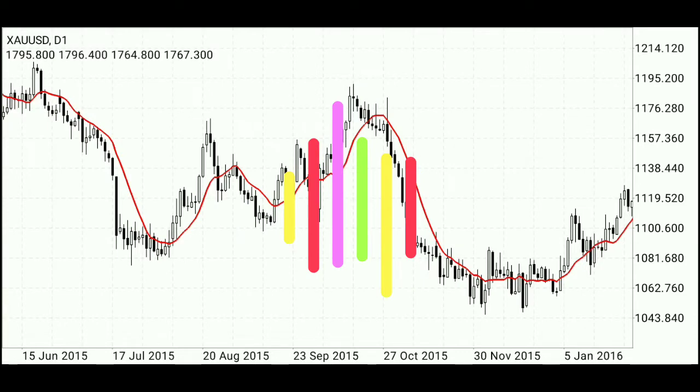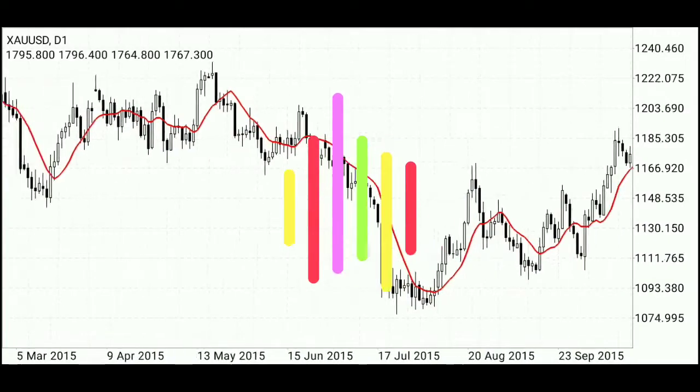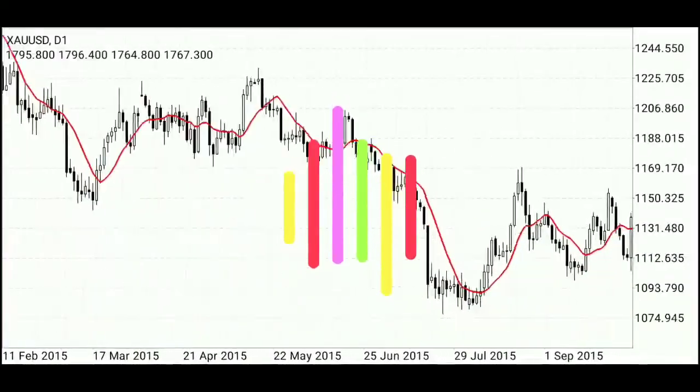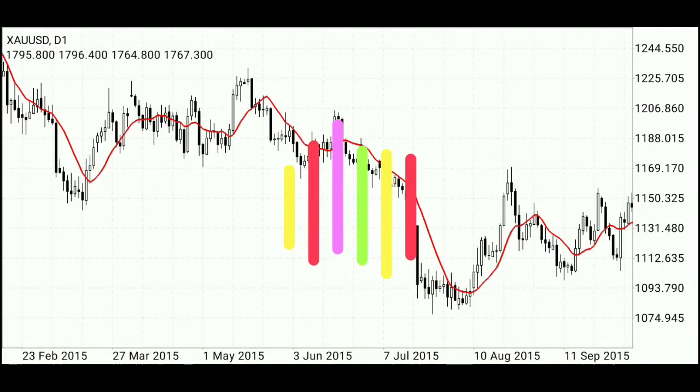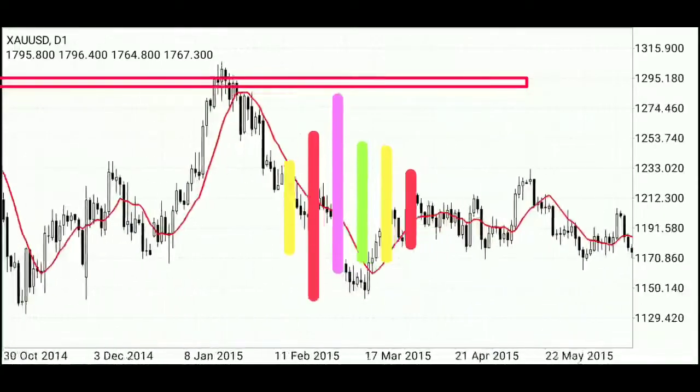Do not torture yourselves by watching candles ding dong, up, down, left, right, changing patterns within seconds and fractions of God knows what. Stop torturing yourselves by looking at every tick. There's a saying in Forex that if you watch every tick, you become a dick.